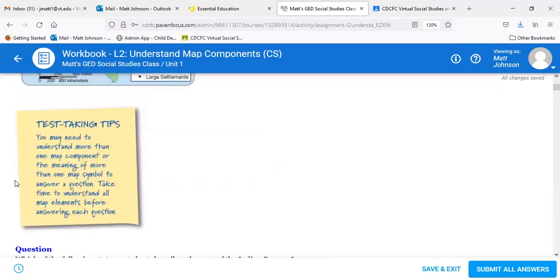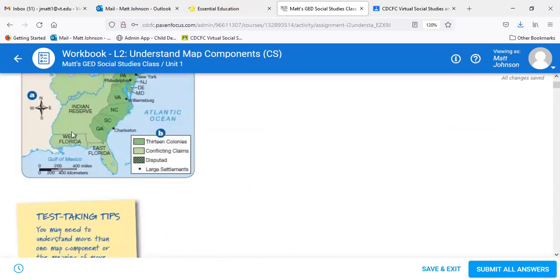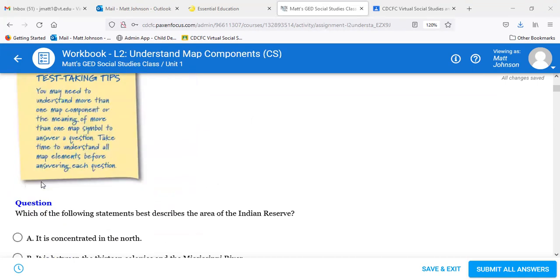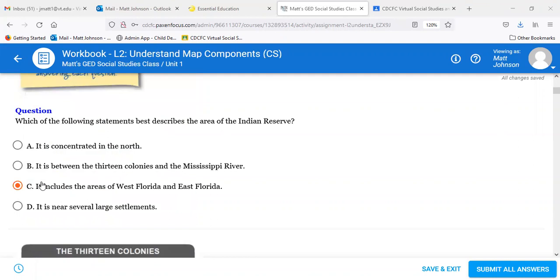Yeah, it is C. It does include West Florida and East Florida. The light green area is what is conflicting claims. So that is all Indian Reserve territory. I'm sorry, I got a little confused there to start. It is C.